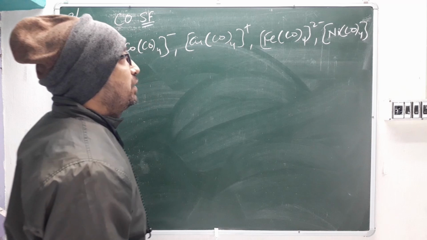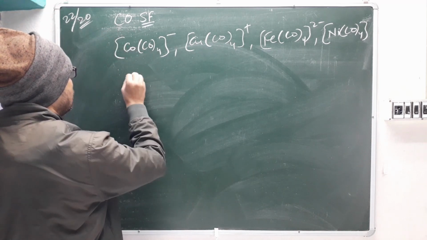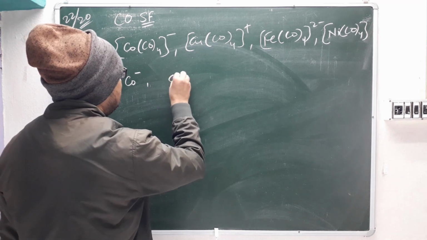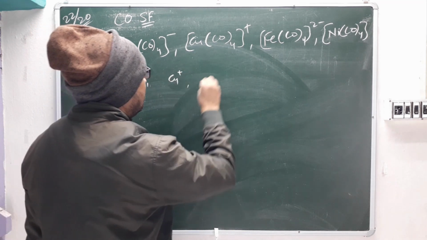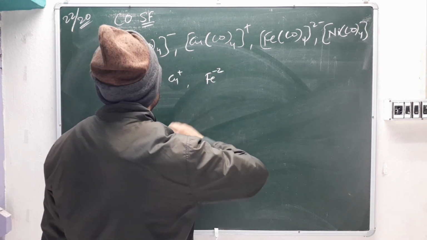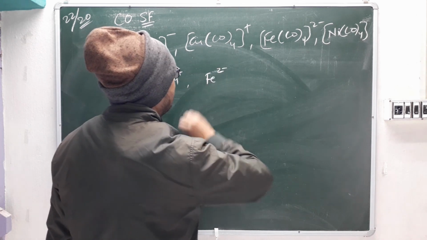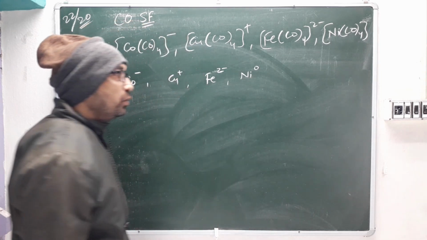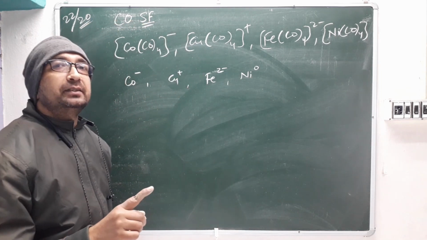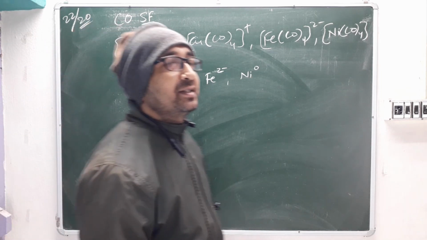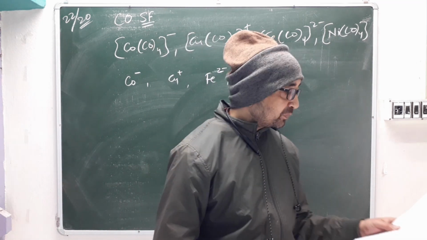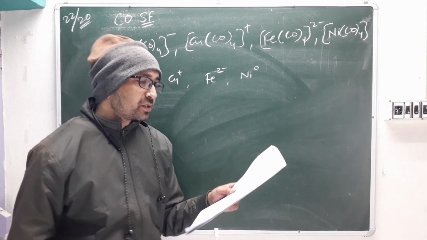So directly we can calculate the oxidation number. Cobalt will be minus, copper will be plus, iron will be 2 minus, and nickel will be 0. And we know that as the positive charge increases, the stretching frequency will also increase, correct? The question is asking the order of increasing stretching frequencies.